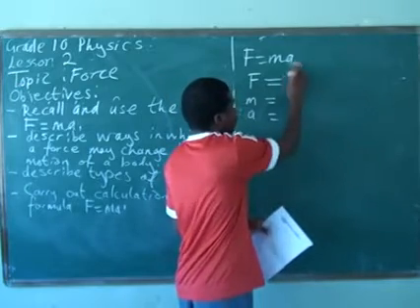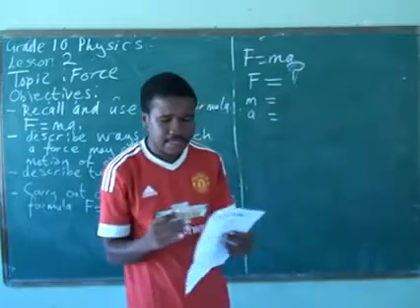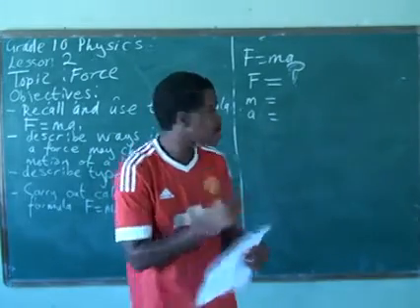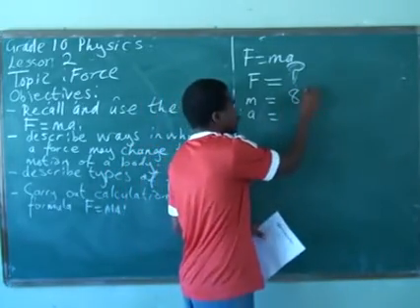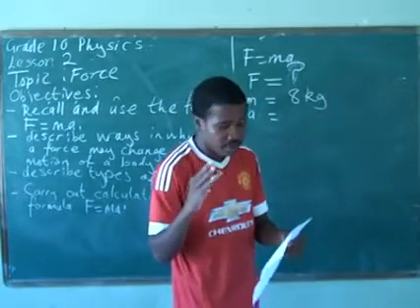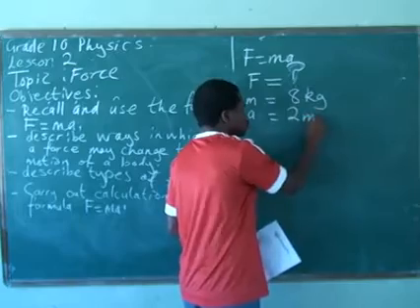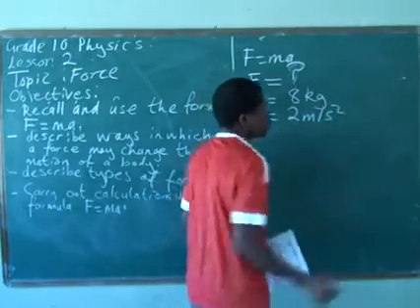That is a question mark. So, what is the mass? The mass is given. The mass is 8 kgs. What is the acceleration of this object? The acceleration is 2 meters per second squared.